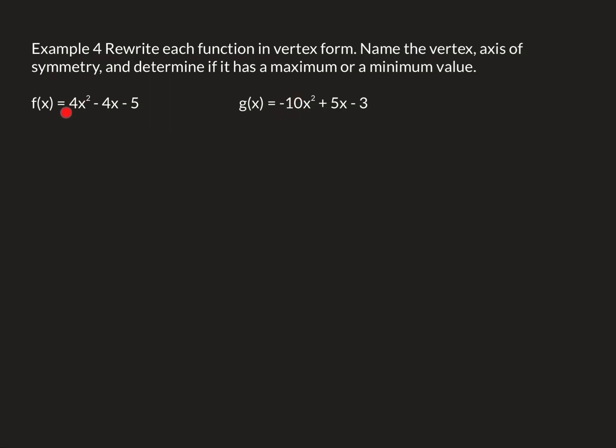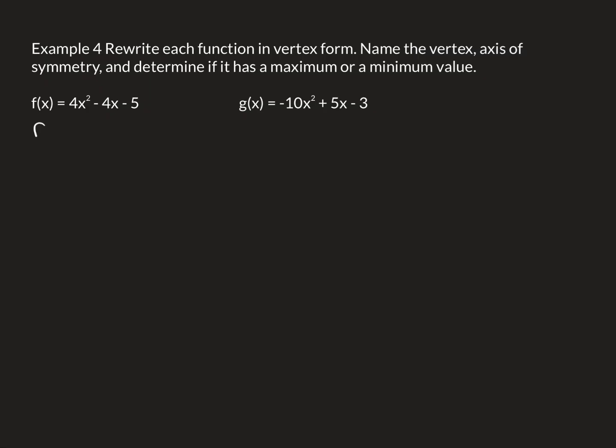This points up because a is positive, this points down because a is negative. So right now I know this one has a minimum because it points up, and this one has a maximum because it points down. I'll write that in just a minute, but I know that before even beginning. But let's go ahead and put it in vertex form.